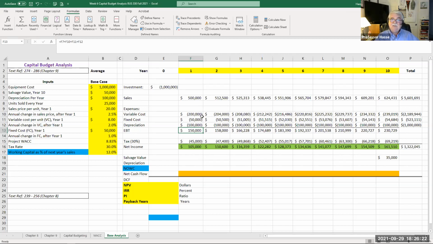What some people might do is just put it in as 200,000, 50,000, 100,000, and then actually subtract these numbers, and you'll still get 150. But I wanted to show you the expenses in a different way, so I put those in brackets or as minus numbers. It doesn't really matter, as long as you make sure you're subtracting expenses from sales. Dustin, does this make sense? Okay.